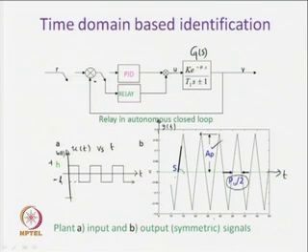Now, we make an additional measurement, and that is the slope of the output signal at the zero crossing, and the slope will be designated by S.